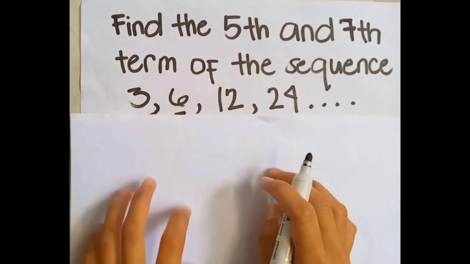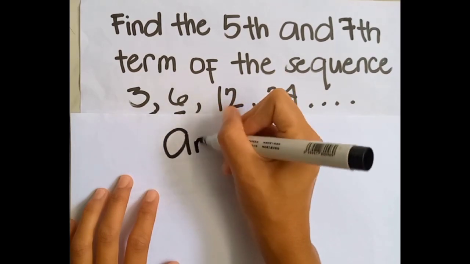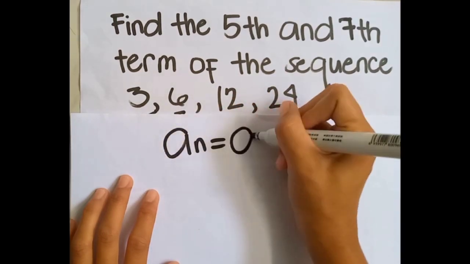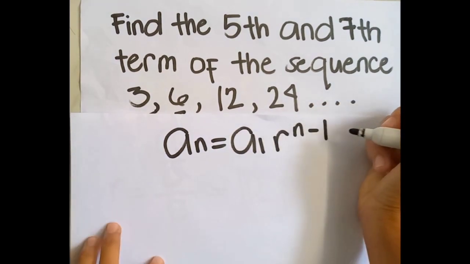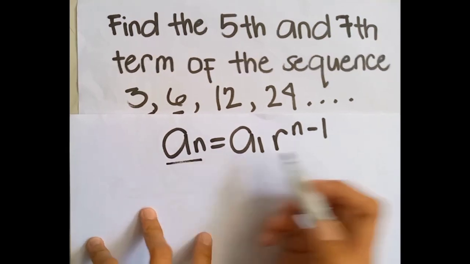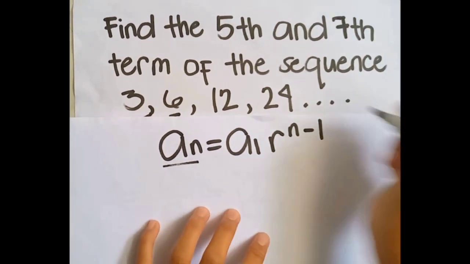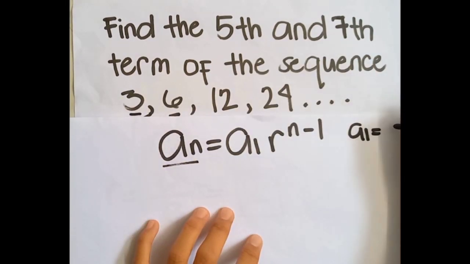Since we are done finding the common ratio, now let us use this formula. We need to find our nth term. Our a sub 1 is 3, while our r is 2, our common ratio.